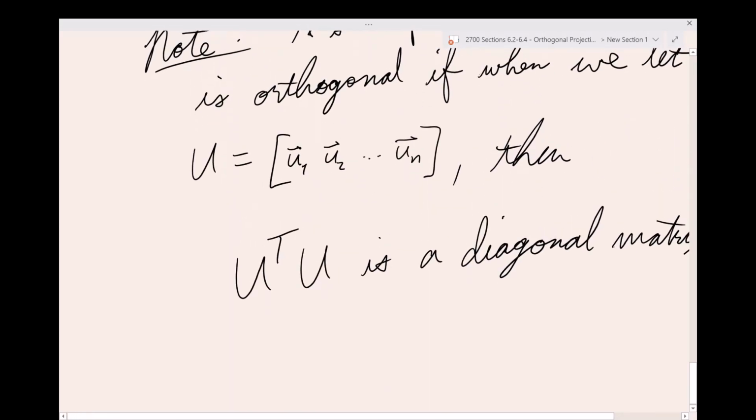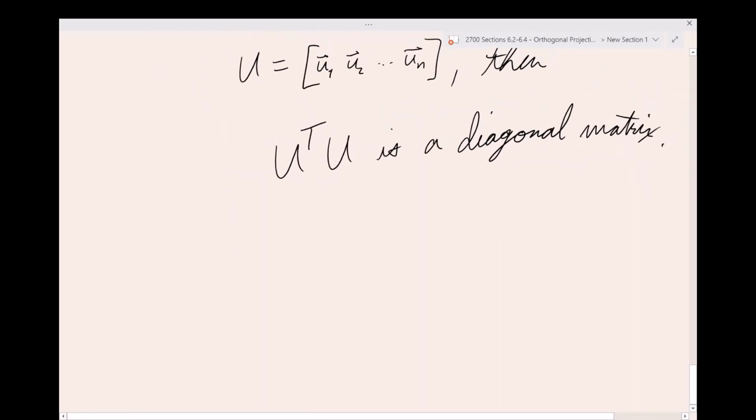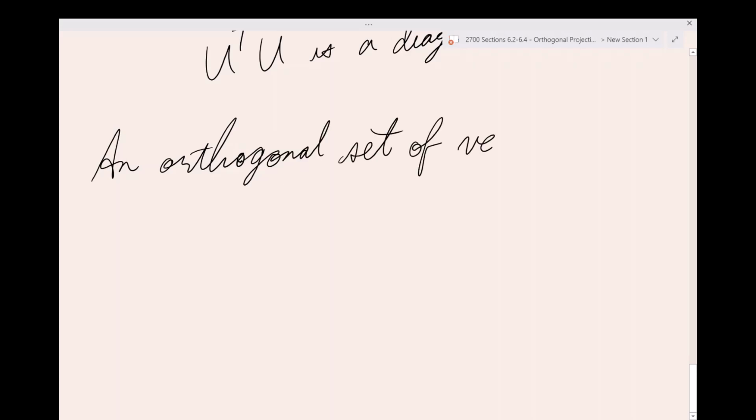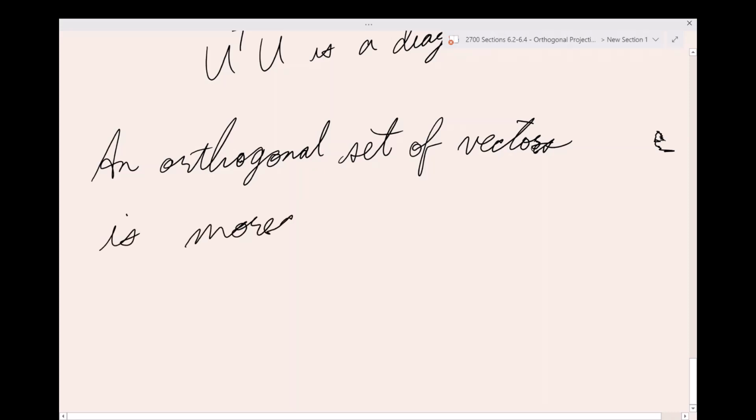Another piece of language here. An orthogonal set of vectors is moreover called orthonormal.